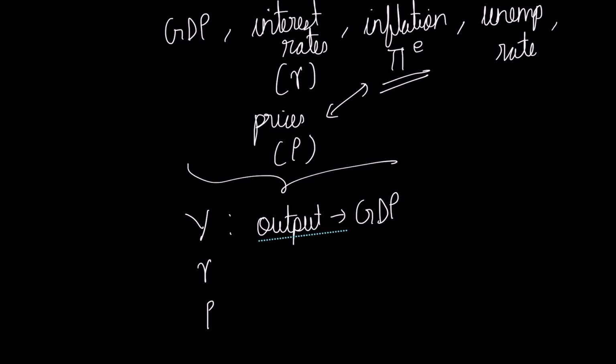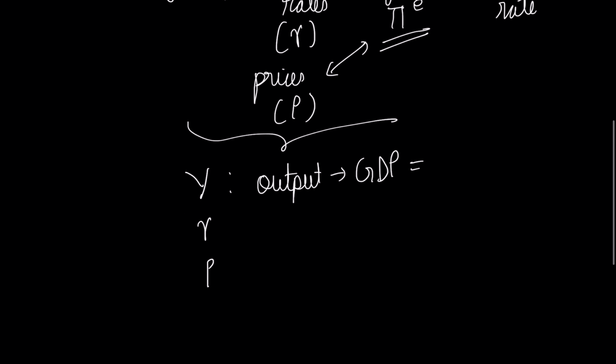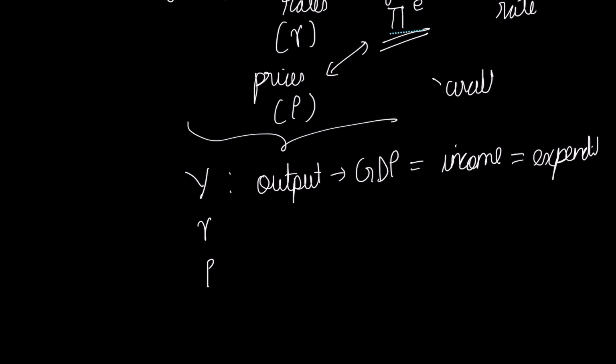So Y captures what is the total GDP of the economy, what is the total output of the economy, which is also equal to the total income generated by all the factors of production operating within the economy, which is also equal to the total expenditure in the economy. So in macroeconomics, there's this very basic concept called the circular flow of economy.